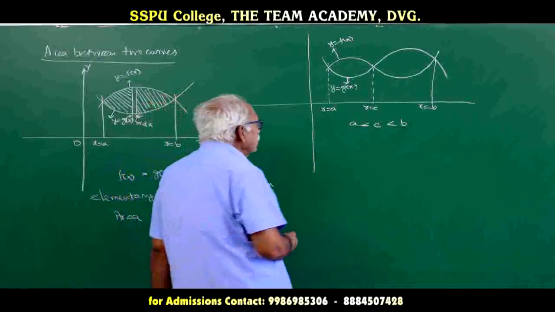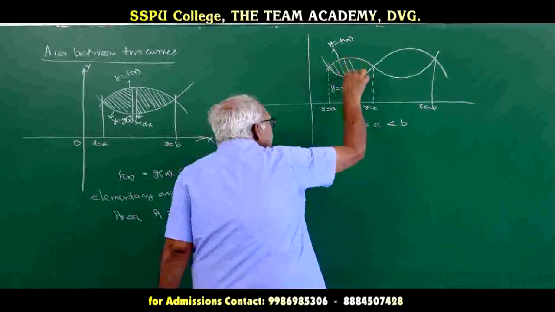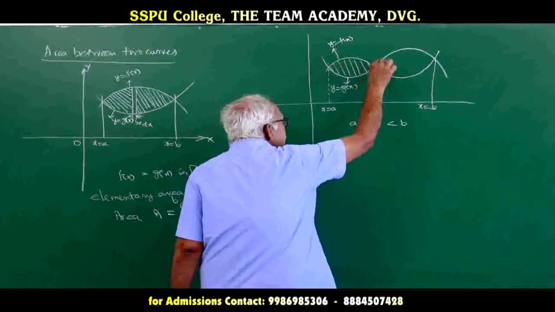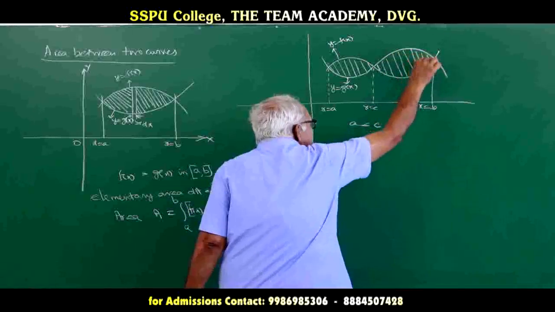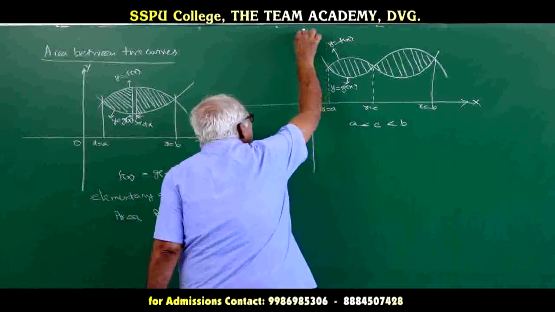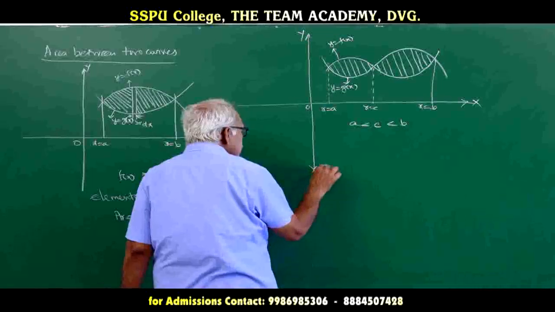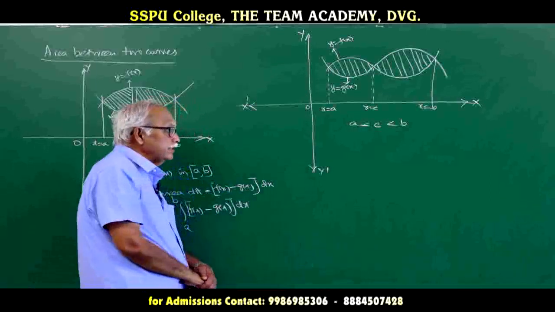Now, how to calculate the area here? The area between the two curves means this is the area. I am marking the area. I have marked the area here.